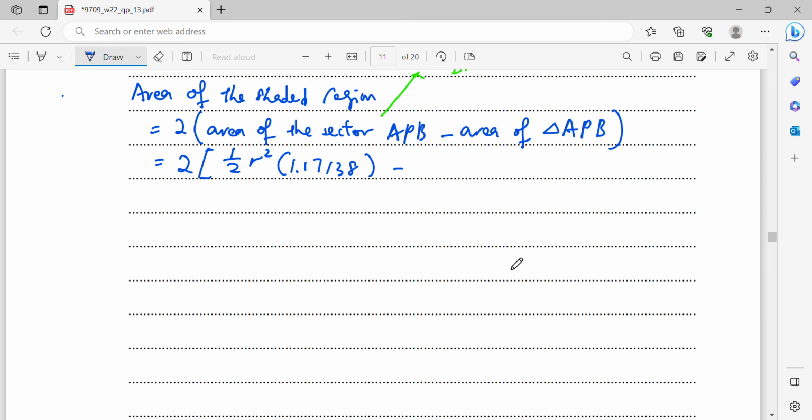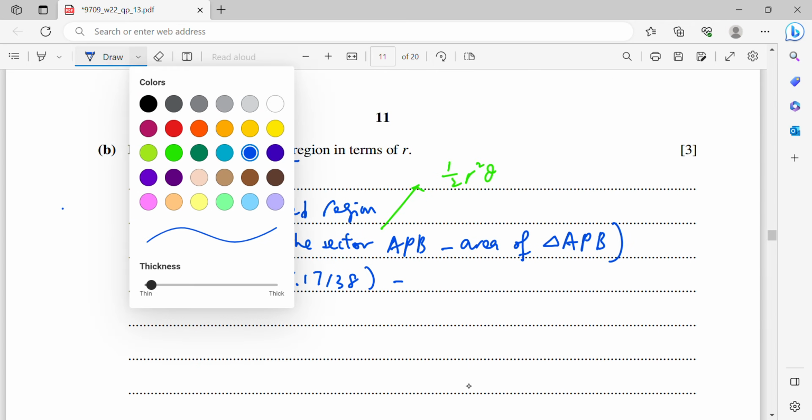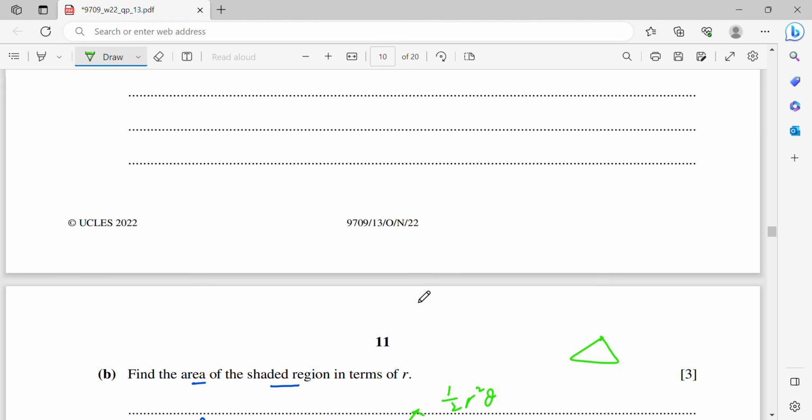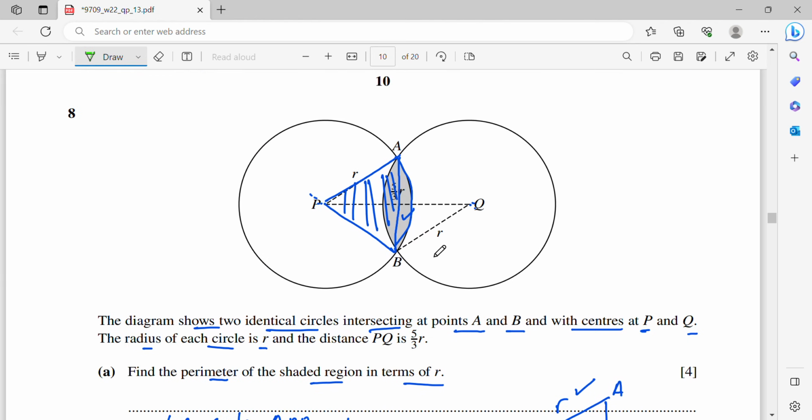Minus the area of the triangle. I will just use back this triangle, it will be better. The area of a triangle, given this angle here, is half of the multiplication of these two sides, then sine angle. Since here is r, that means PB is also r.